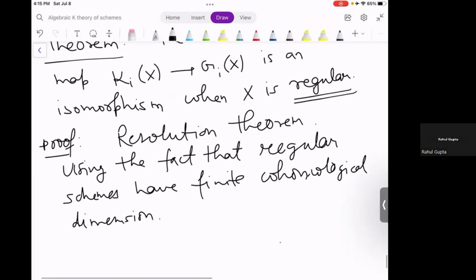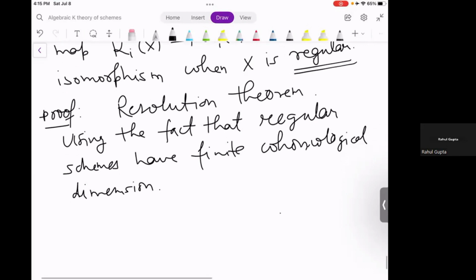So for regular schemes, whatever results we talked about, this pullback and pushforward on G-theories, especially for regular schemes, we do get pushforwards on K-groups now. Right? So as a corollary, this is the kind of power of duality. It gives you pushforward on K-theories.